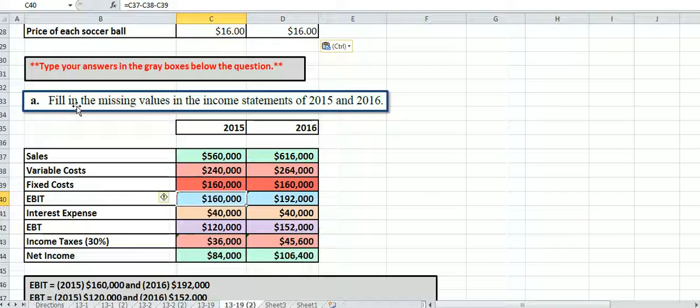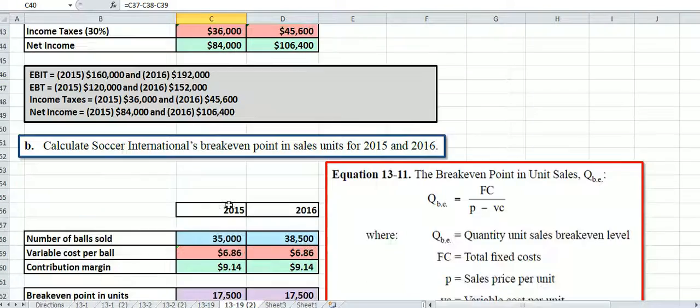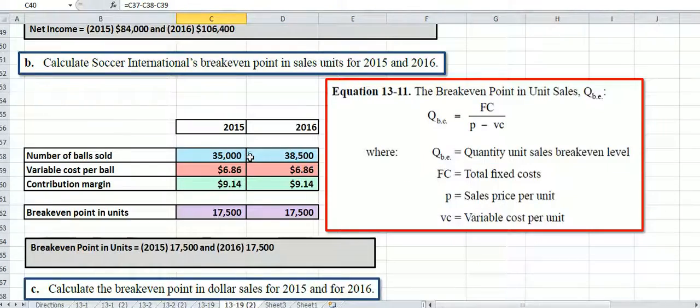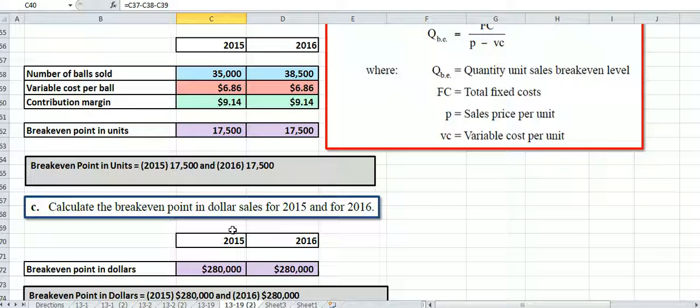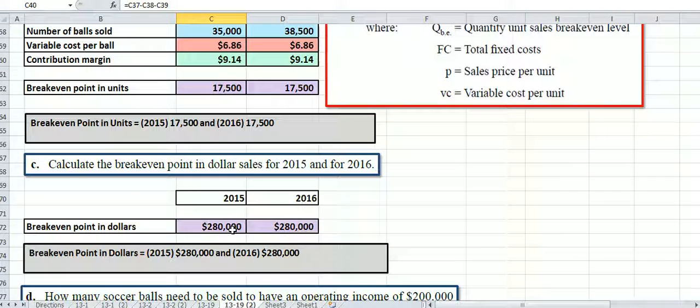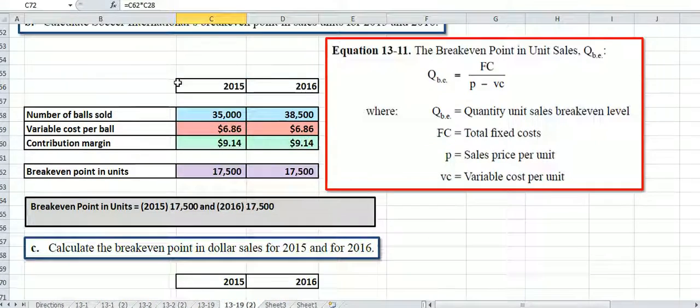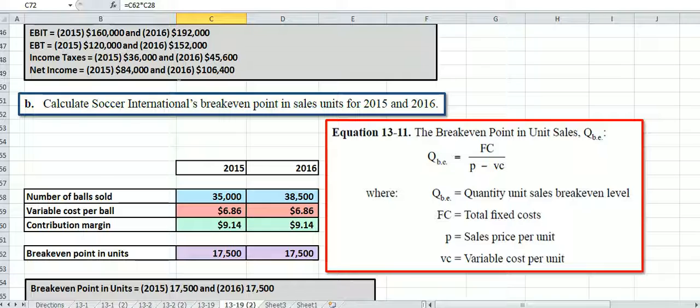So we did part A, we did part B right here. Now we need to do part C, the break-even point in dollars. That would be simply the units times, let's see, it's C28, which should be the price, right?